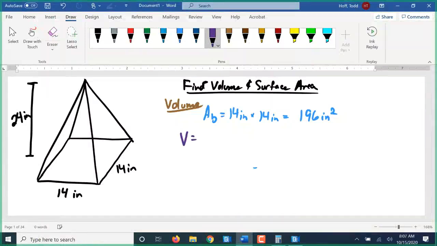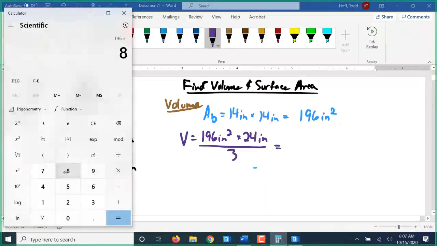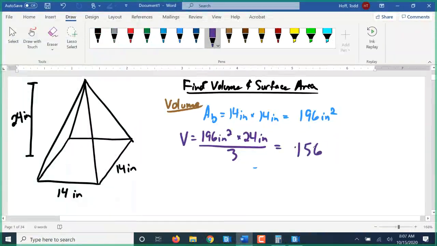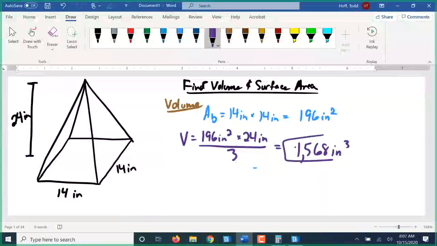So our volume is the area of the base, 196 square inches, times the height of 24 inches, but it's divided by 3 because it is a pyramid. So 1,568 inches cubed. Their volume.